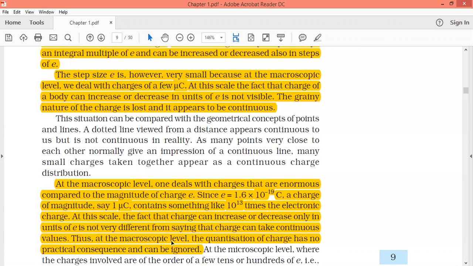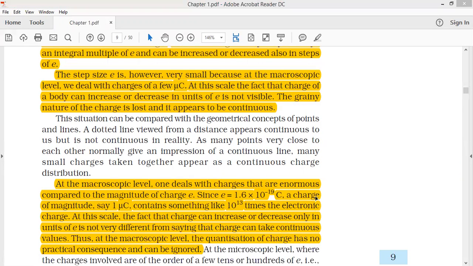Thus, at the microscopic level, quantization of charge has no practical consequences and can be ignored. If you have those steps, that is called quantization.